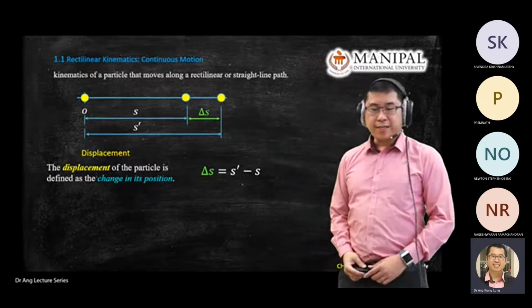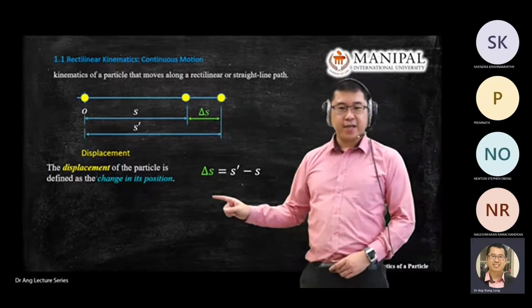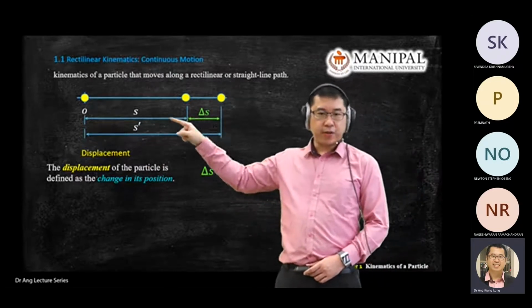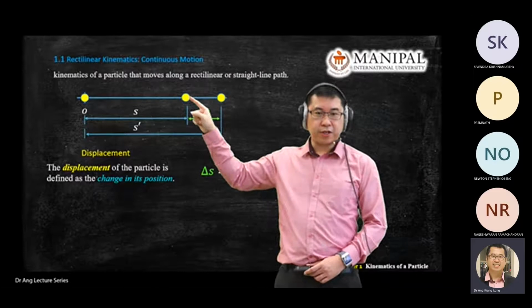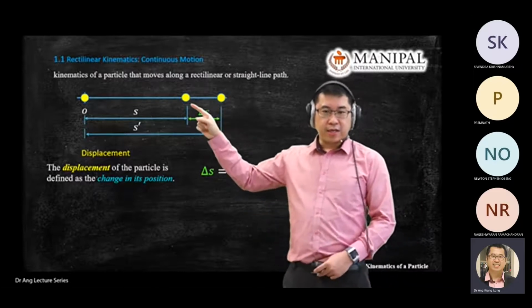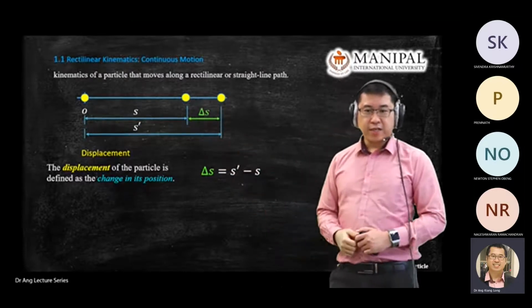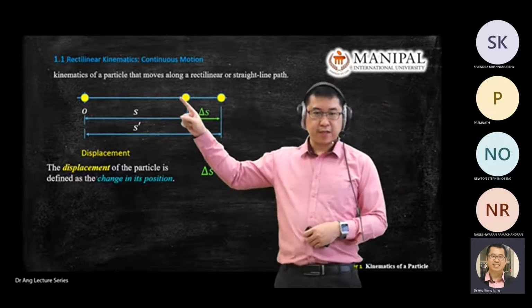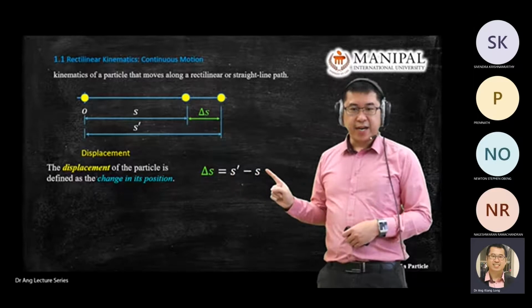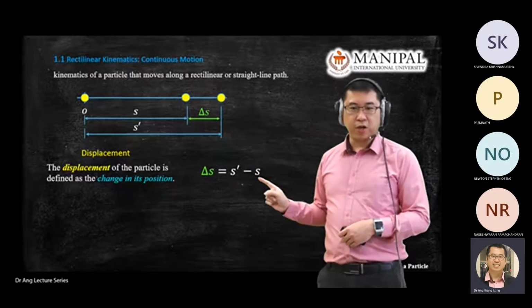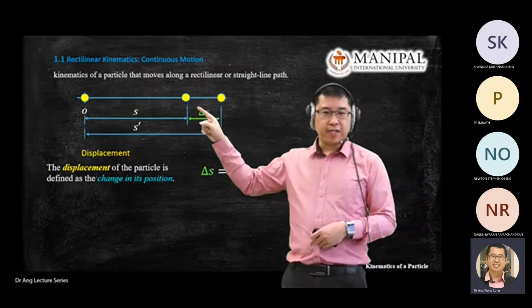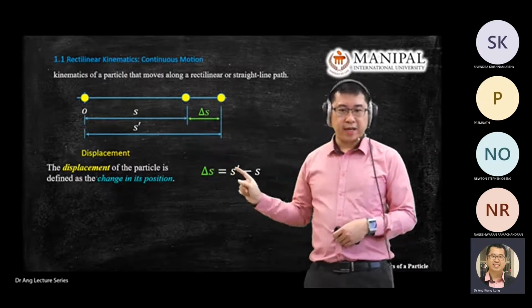Okay, let's review back. How do you get the first position? Again, location is very important in kinematics. So how do you define the S? You always refer to the origin position, or in this diagram, you see the O there.